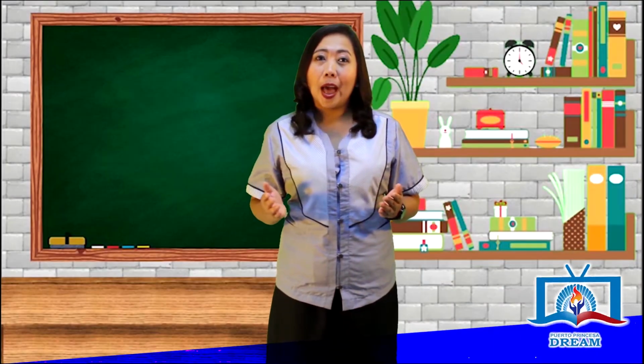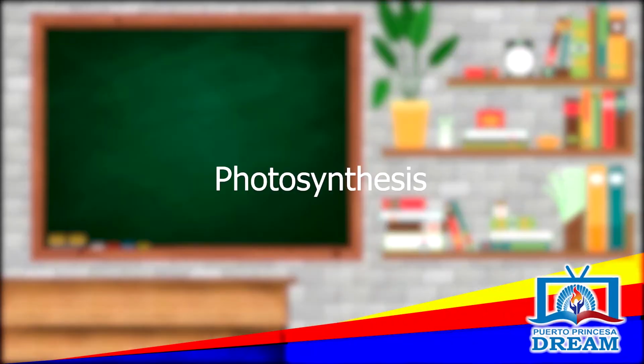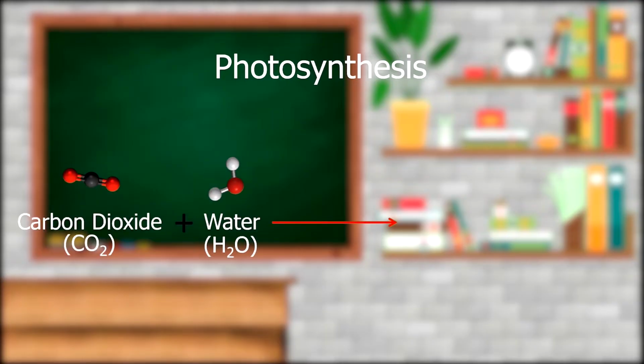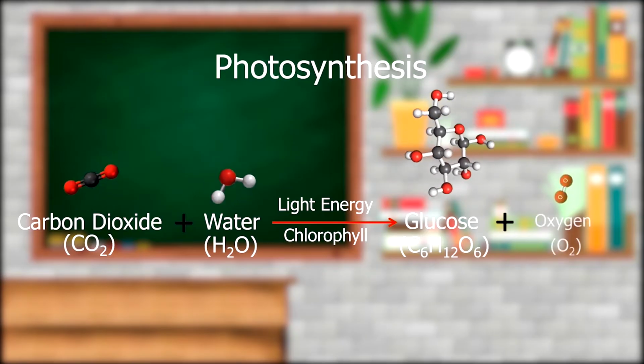Do you know how the process of photosynthesis transpires? The process of photosynthesis has this chemical equation. Carbon dioxide and water, through the help of light energy trapped by the chlorophyll, will result in the production of glucose and oxygen.